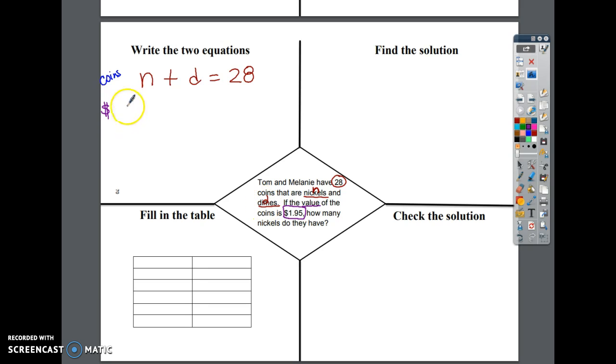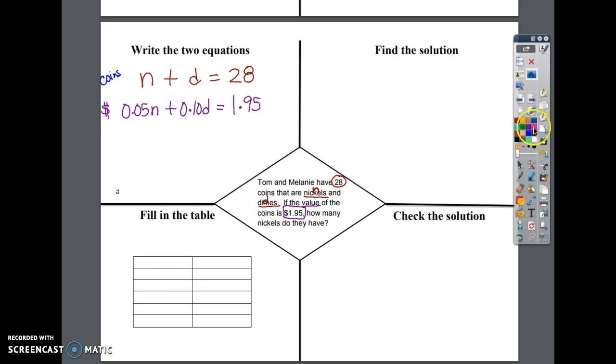Nickels are 5 cents, so 0.05 is every nickel, 5 cents, okay? Plus, the dimes are 10 cents each dime, equals the total amount, which was $1.95. Money plus money equals money. That's my money equation, okay?